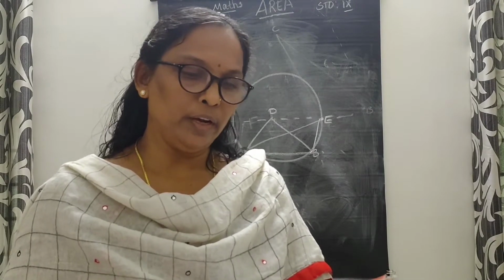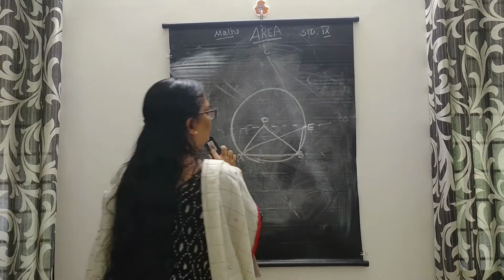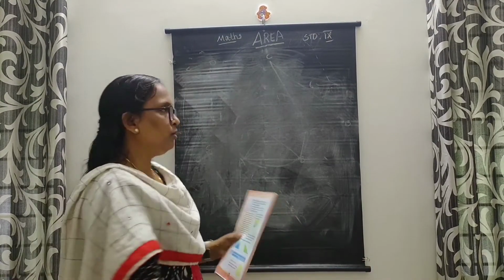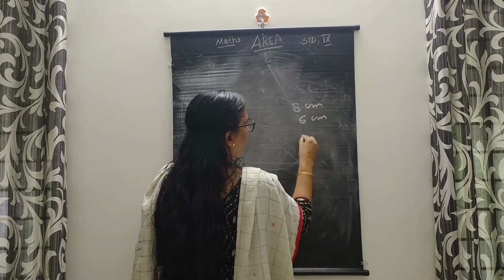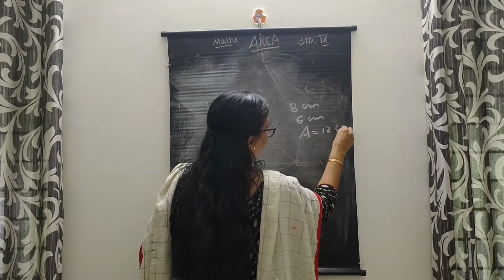How many different triangles can you draw with two sides 8 and 6 cm and area 12 square centimeter? The question is, how many different triangles can you draw with two sides 8 cm and 6 cm and area 12 square centimeter.